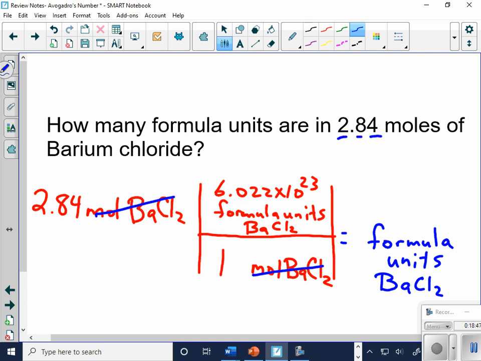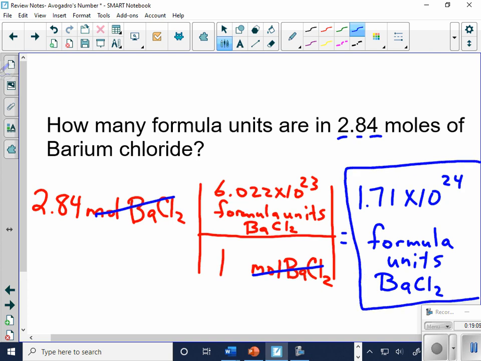I always go back to the number I was given in the problem. 3 sig figs, I'm doing multiplication here, so I still stick with 3 sig figs. That tells me 1.71 times 10 to the 24th. And I put a box around it so Mr. Braun knows exactly where my answer is.